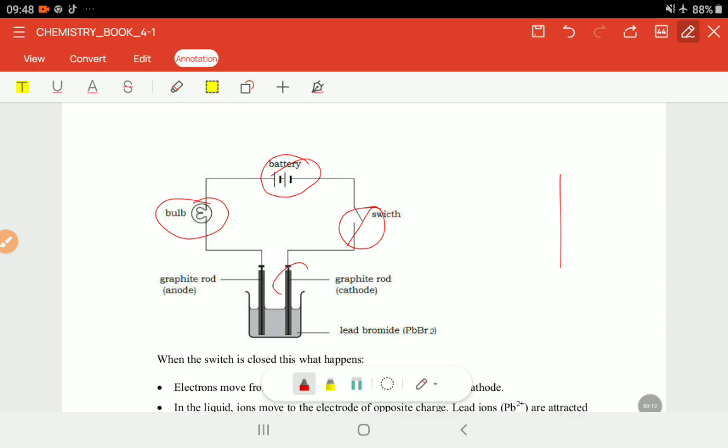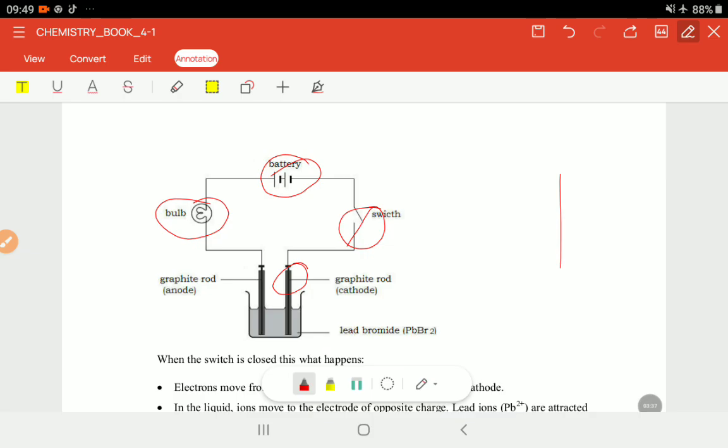This is the electrode. You might use graphite rods, and the good thing with the graphite rods, right? Sometimes in exams they ask what is the advantage of using the graphite rods? The thing is, graphite rods are inert in a way, so they do not take part in a chemical reaction.